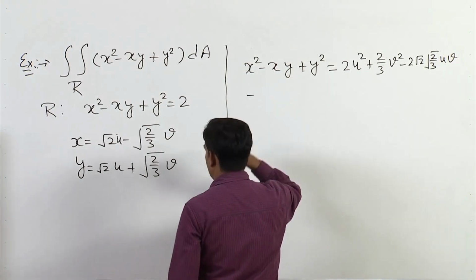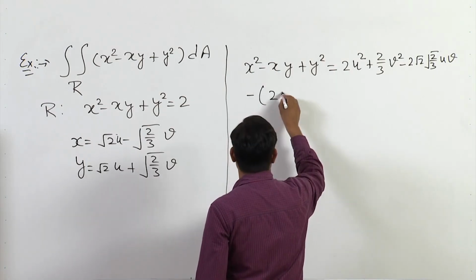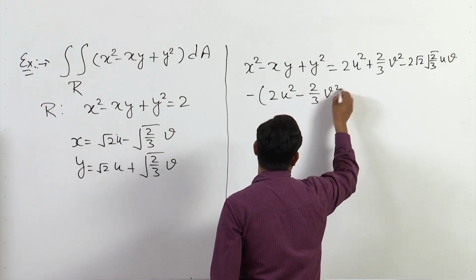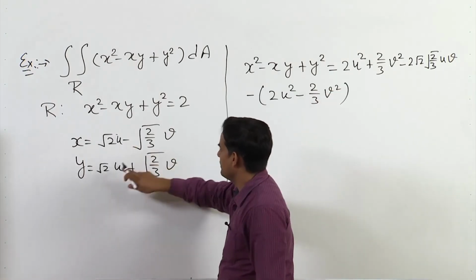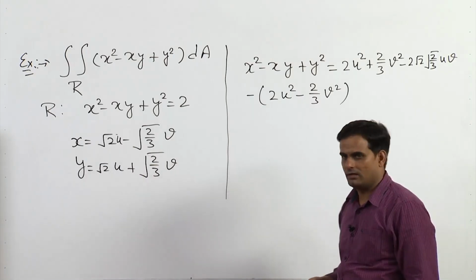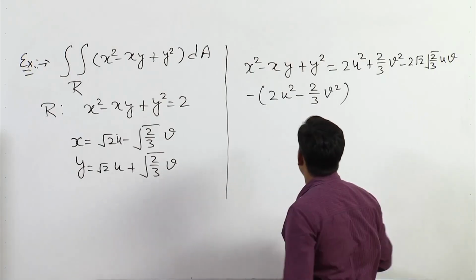So, minus xy will become minus 2 u square minus 2 by 3 v square, because it is (a minus b) into (a plus b), so a square minus b square, and finally y square.